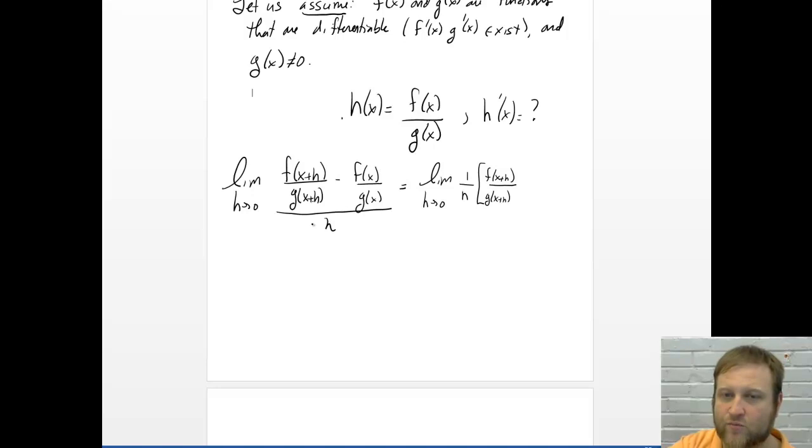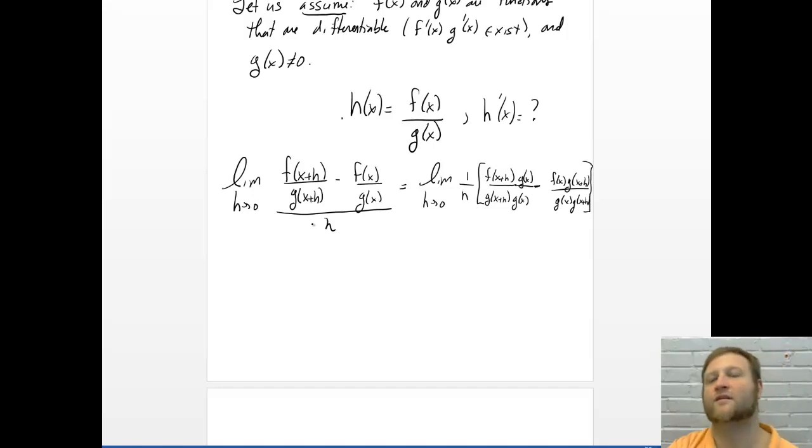But we're going to multiply by g of x on the bottom, but if we do so on the bottom, we're also going to have to do so on the top. And then we're going to subtract. This is a subtraction. This will be f of x, and we're going to multiply by g of x plus h on the numerator. That way we can multiply by g of x plus h in the denominator.